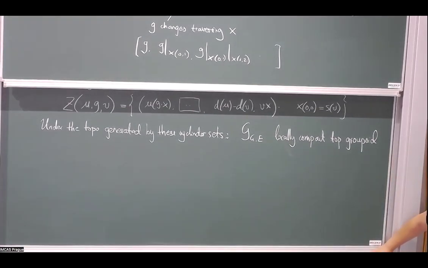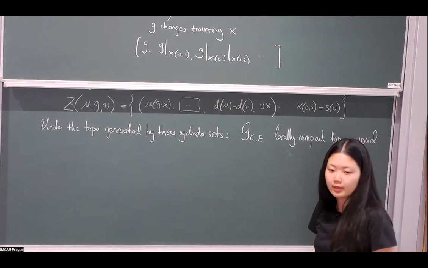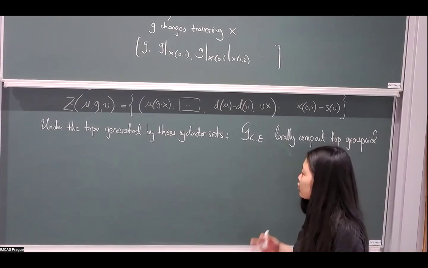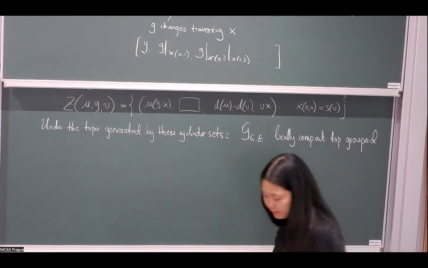And you might have noticed that when I wrote down the properties this groupoid already has, I didn't mention Hausdorff, because it will not automatically be Hausdorff. We need some extra dynamical conditions so that the groupoid that we work with is actually Hausdorff.